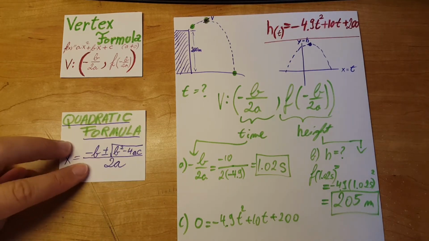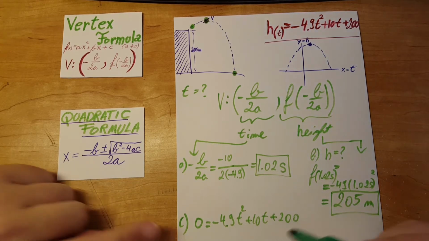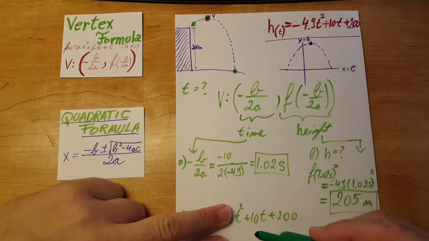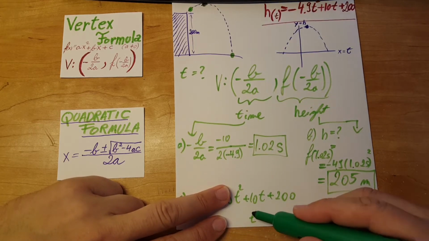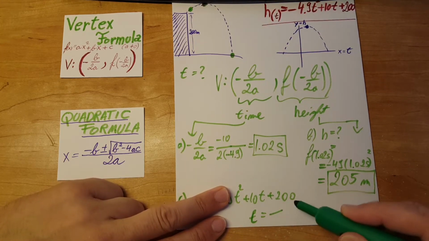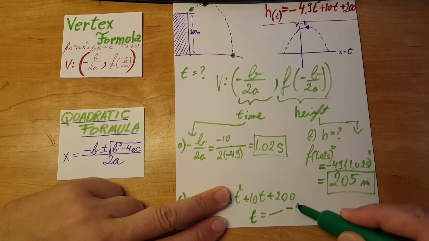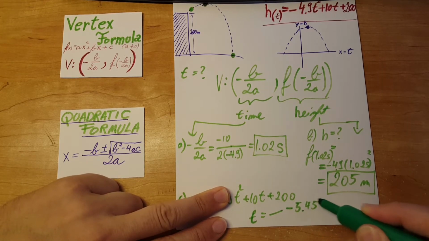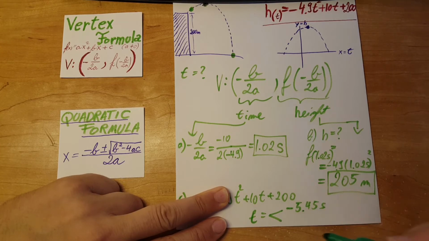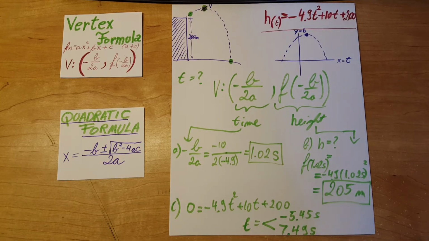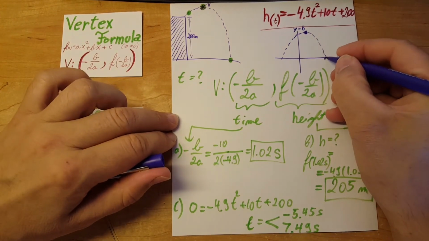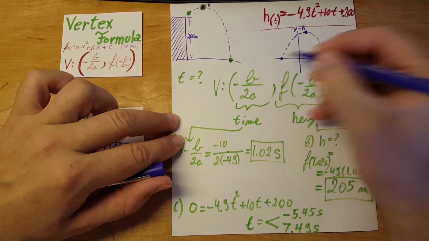And simply using the quadratic formula, we're gonna find 2 t's, and 1 t will be negative 5.45 seconds, and 1 will be 7.49 seconds. Now, mathematically, both of these make sense, and we have one intercept here and one intercept here.